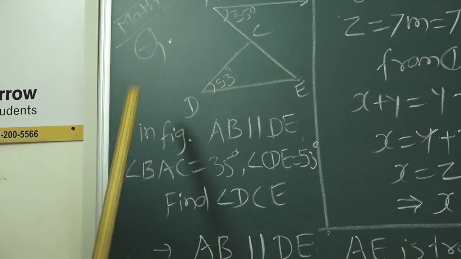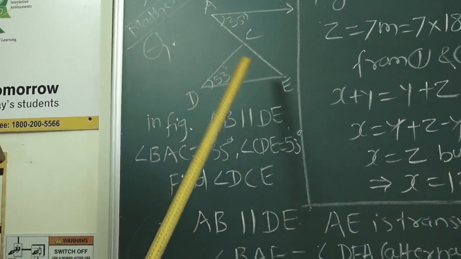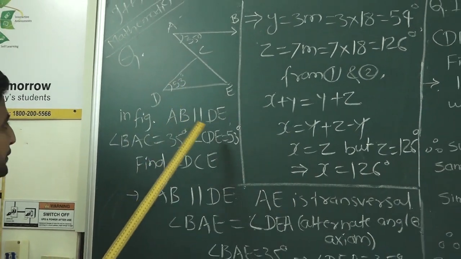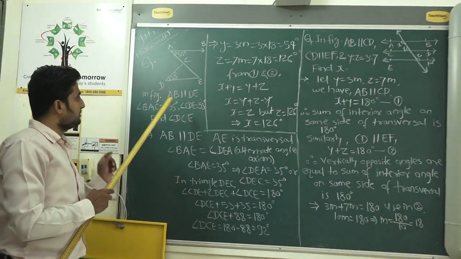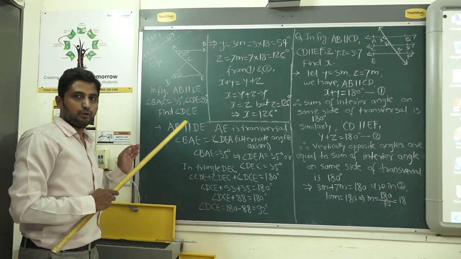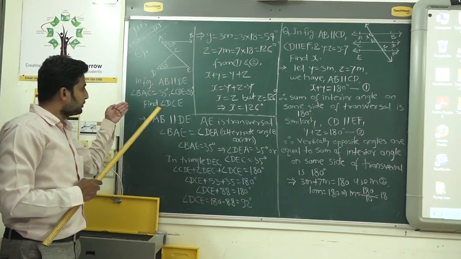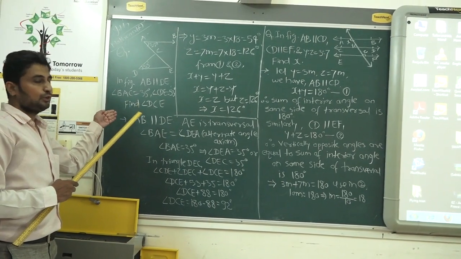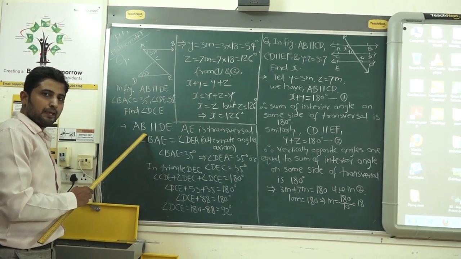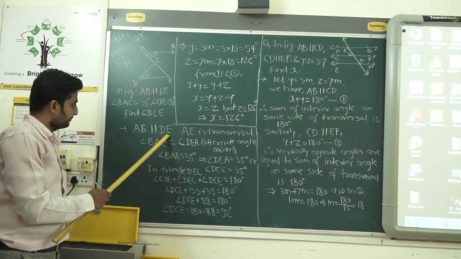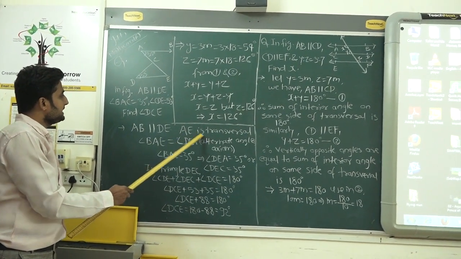Now we use this given data. The given data always helps you in order to find the solution. So please watch the given data very carefully, because this data helps you to find the solution. So dear students, it is given AB is parallel to DE and AE is a transversal.